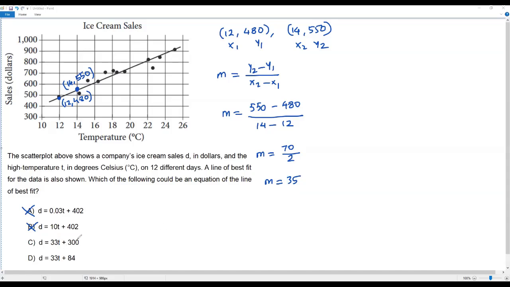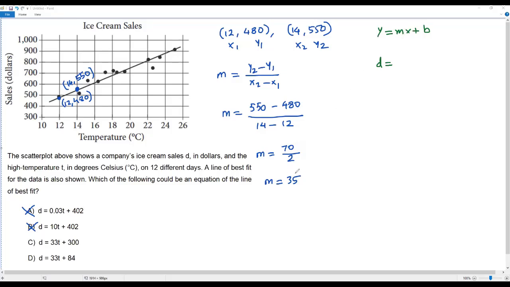So for that we have to get the y-intercept. To get the y-intercept, we have to write the equation of the line of best fit in slope intercept form, that is y equals mx plus b. But in our problem, instead of y, we have D, that is sales in dollars on the vertical axis. So we can replace y by D, and instead of x, we write the temperature on the horizontal axis, that is T. Also, m refers to slope.